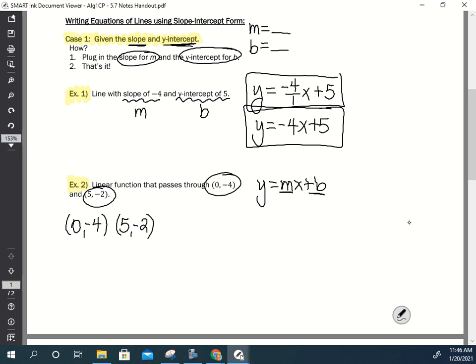Which one of those two do we already know? We already know the y-intercept. That point tells you the y-intercept. Remember, if you have 0, comma, a number, that's the y-intercept. So that means your y-intercept is negative 4.